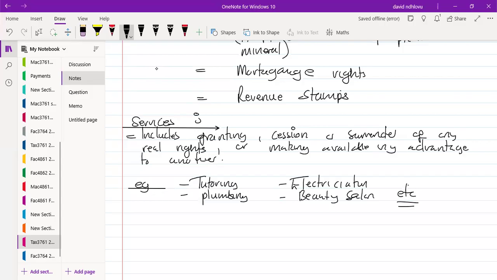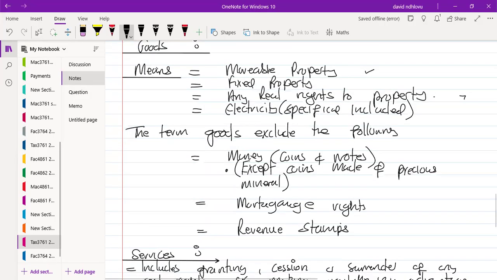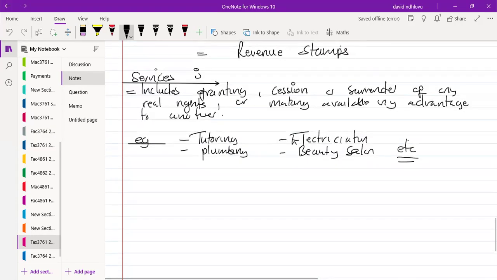So most of the time, if you are making a supply, first you check if it qualifies as a good. If it doesn't qualify as a good and is not exempt, then you are dealing with a service. So that's what the term service actually means. Any questions, good people, on that?